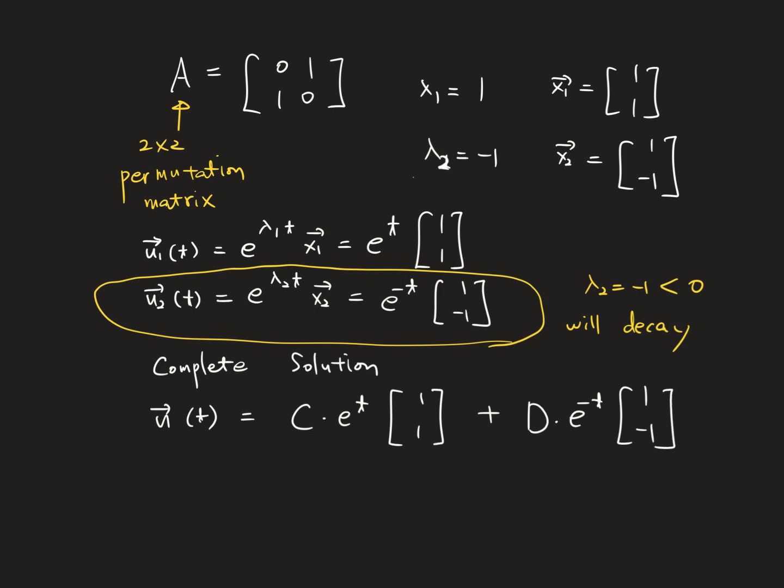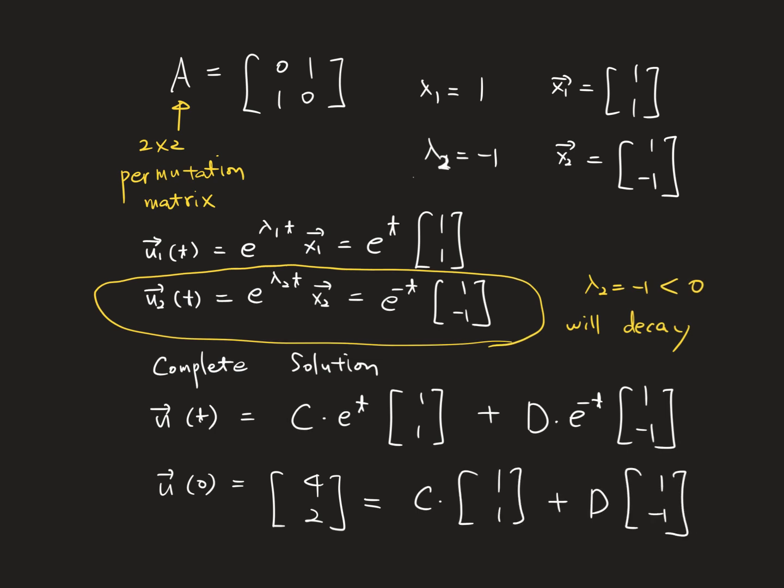We need to find c and d by solving the equation for the initial condition: c times (1, 1) plus d times (1, -1).